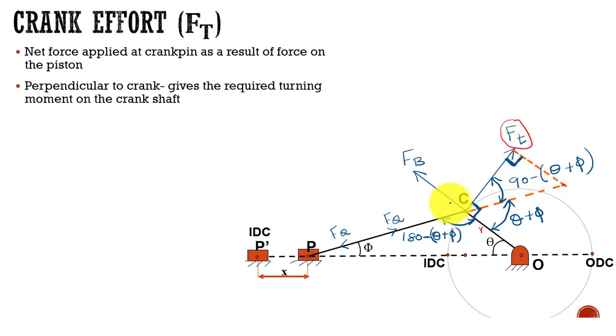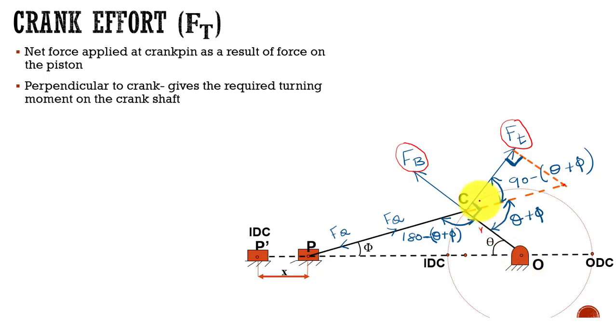Also, here another force you can find is FP. This force is acting on this bearing. How to find this force: it acts along the direction of the crank, so I extend a line from this point along the direction of the crank. That is FP, the force which is acting on this crankshaft bearing.